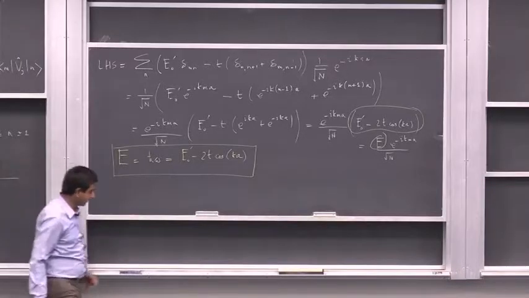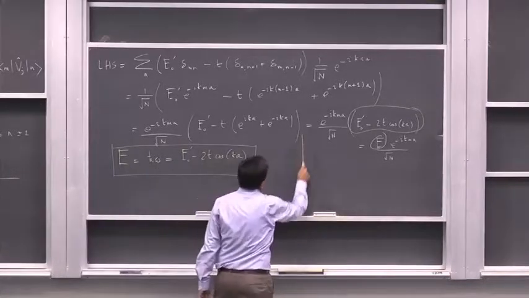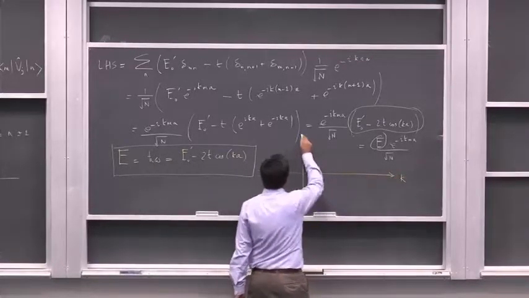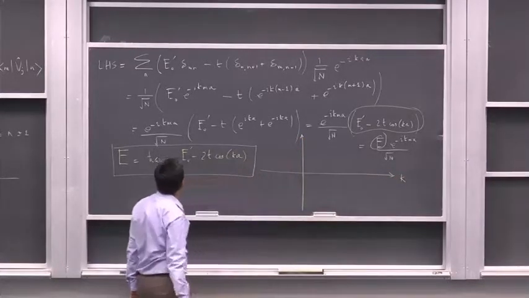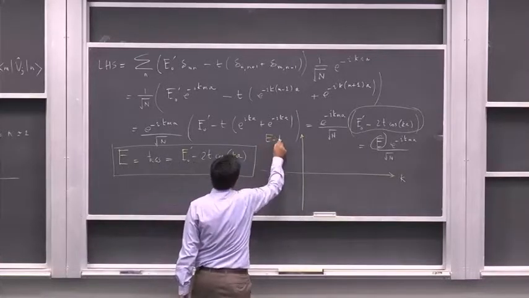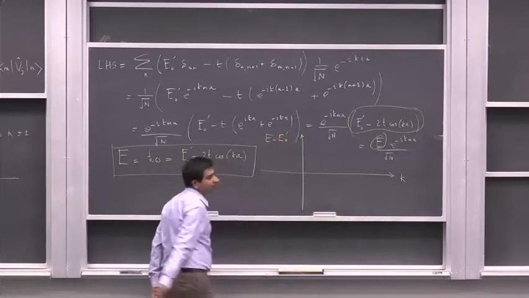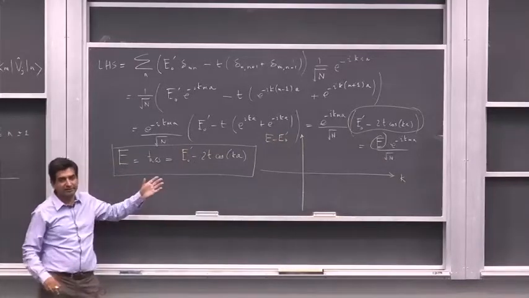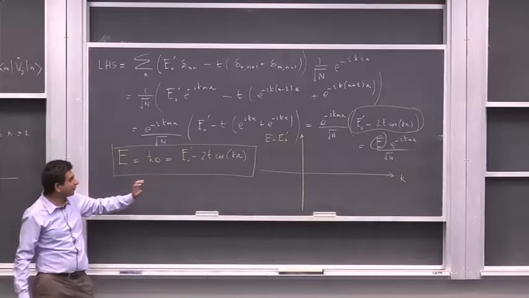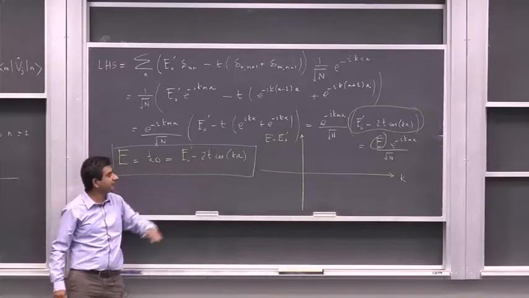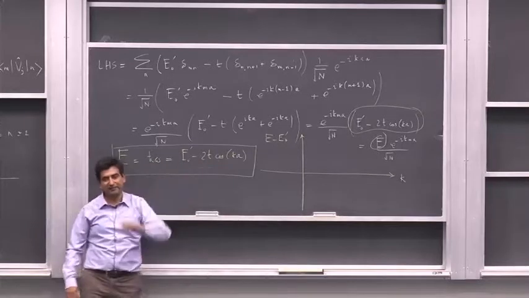I can plot this. This is K. Now on this axis, if I were to plot E minus E naught prime, which is just a constant of energy, so it doesn't really matter. So what I would like to plot is E minus E naught prime versus K. I have a cosine of Ka function.